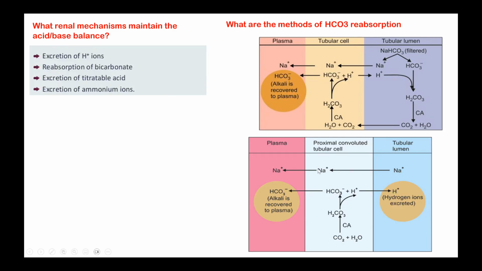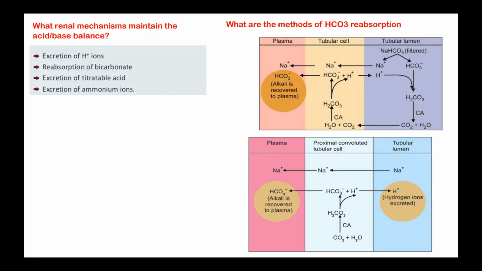So here sodium and bicarbonate are taken back together. So you require a different pump or a protein pump to take back the sodium and bicarbonate. Here you require a different pump to take the sodium back into the plasma and excrete the hydrogen into the urine. So what is this pump called and what is this pump which takes both together called?